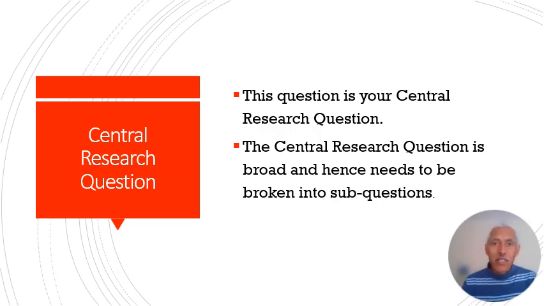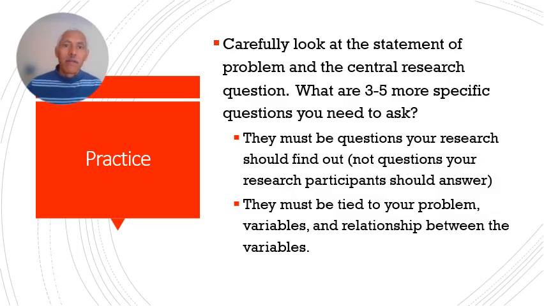The central research question is the central question, of course. It is broad, and hence it needs to be broken into sub-questions. Carefully look at the statement of the problem and the central research question, and then ask what would be 3 to 5 more specific questions that you need to ask.